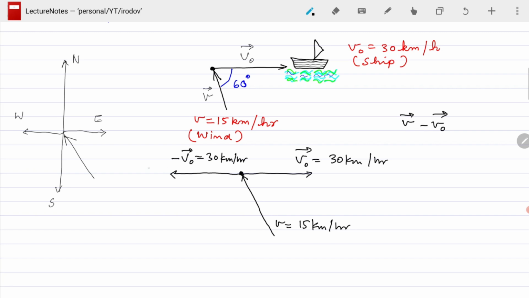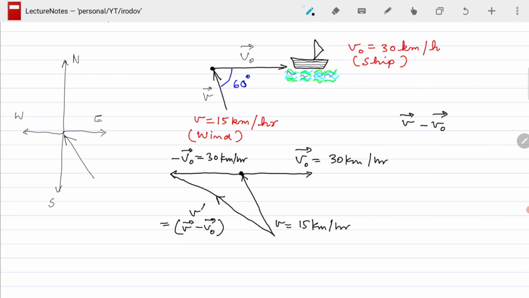If we add them using the triangle law, we get this vector, which is nothing but vector V dash, equal to V minus V0.